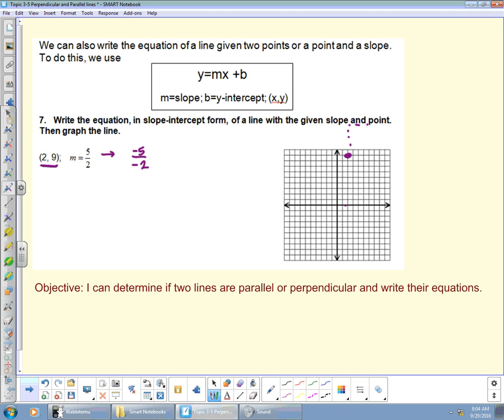So I'm going to start at 9, and I'm going to count down 5, 1, 2, 3, 4, 5, left 2, put a point. I'm going to do it again, down 5, left 2, put a point. Down 5, left 2, put a point. And if I do it again, I'm going to go off. And so my line would look something like this.